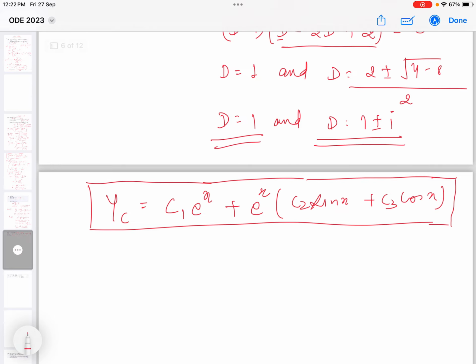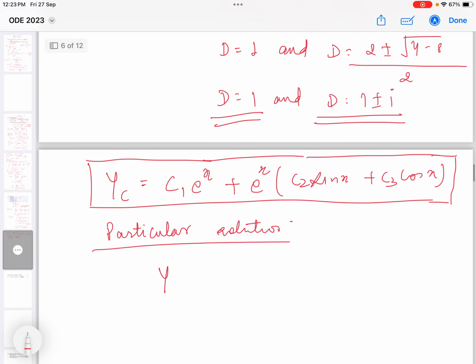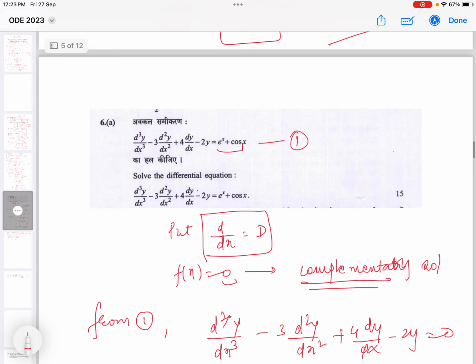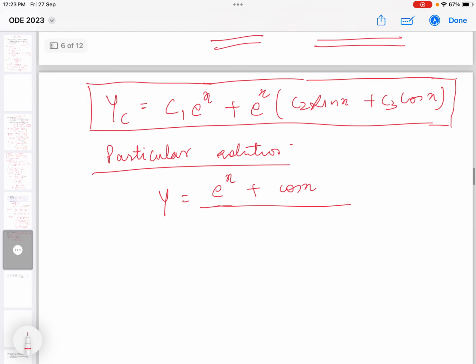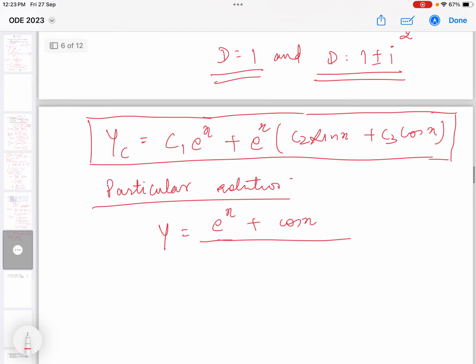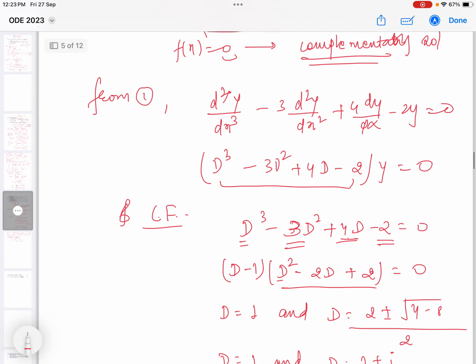Now finding the particular solution. So if we write y equals, we have been given in the RHS e to the power x plus cos x, and the whole expression in capital D is D cube minus 3D square plus 4D minus 2.